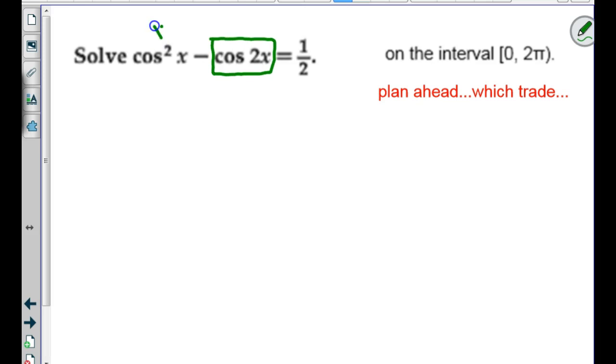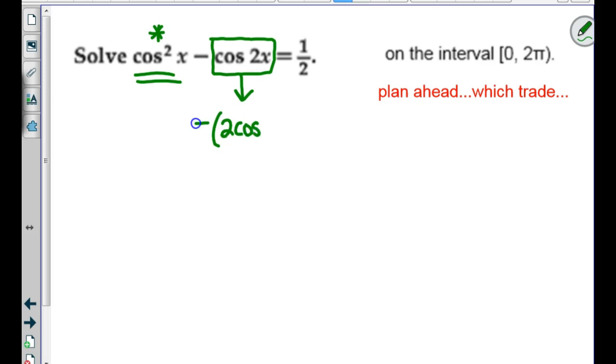Now that means I'm going to still have this in my equation. So is there one of the trades for cosine 2x that has only cosines in it, cosine squareds? Look on your sheet. What are the three options for cosine 2x? Cosine squared minus sine squared, 2 cosine squared minus 1, 1 minus 2 sine squared. Since I'm going to have a cosine squared left, which one makes the most sense?